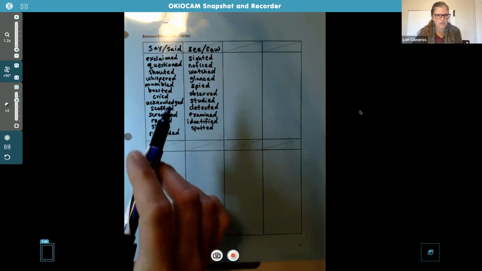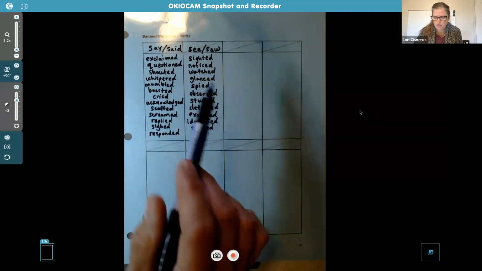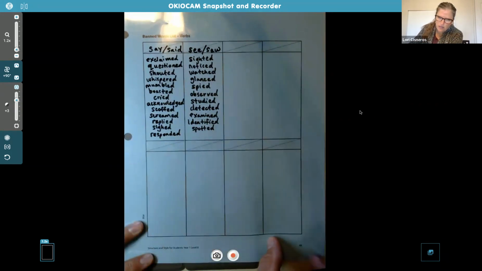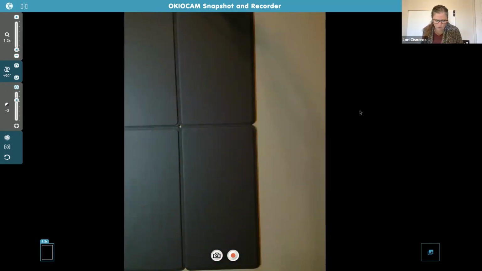But right now we just have say, said, and see, saw. So go ahead and move this blue page to the very front of your binder. I know there's a tab in there for current things that you're working on, but I like to have it at the very front. That's just a preference for myself because it's so easy to find at the very, very front of your binder. Okay.